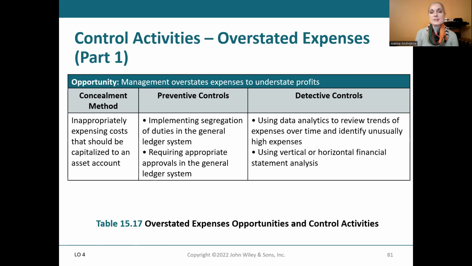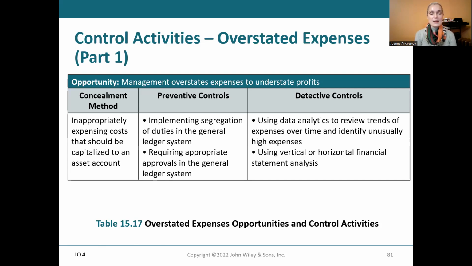So here are some detective and preventative controls that organizations can use to stop this behavior. The method to conceal the overstatement of expenses can include inappropriately expensing costs that should be capitalized as an asset.